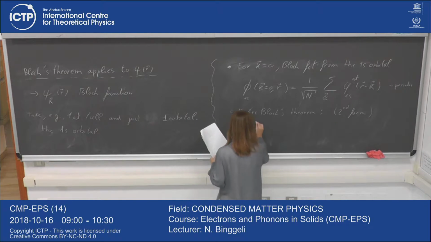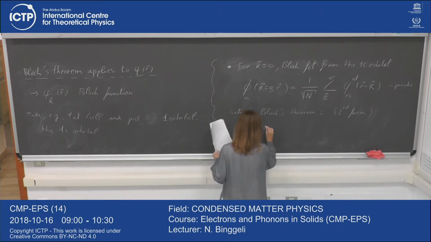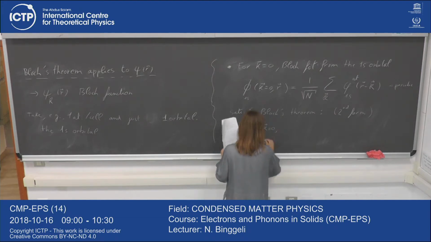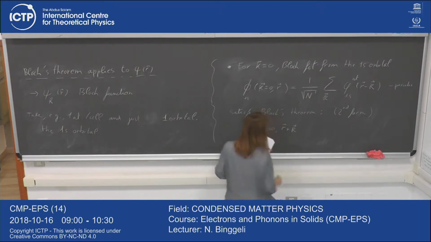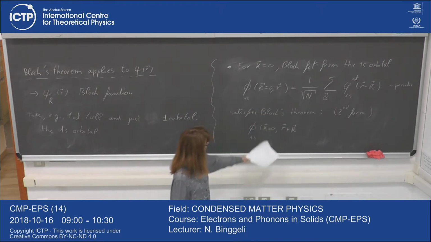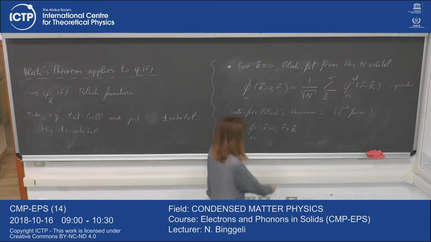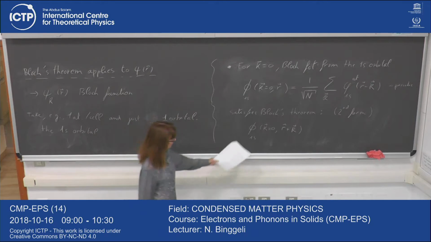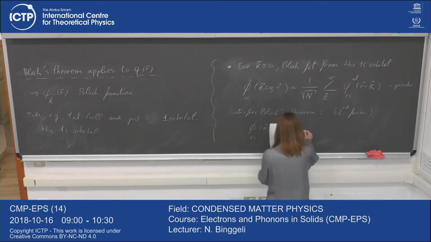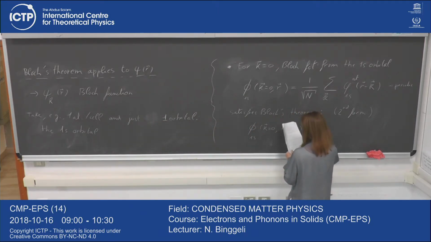So one of the forms of Bloch's theorem was that if I add to my vector or to my point, I translate the wave function. So I add a vector R to capital R here. I obtain exponential ik, and this is 0, times R prime.